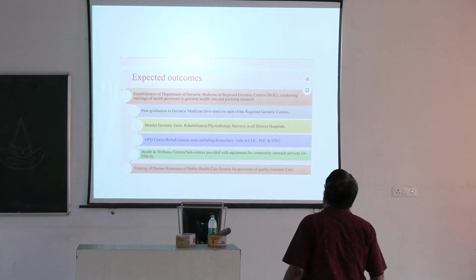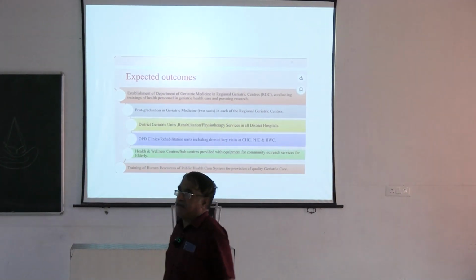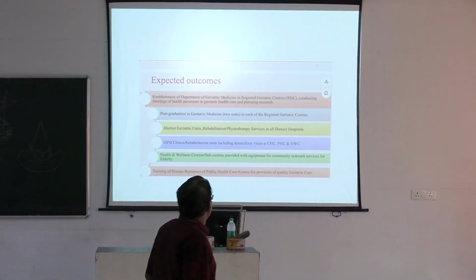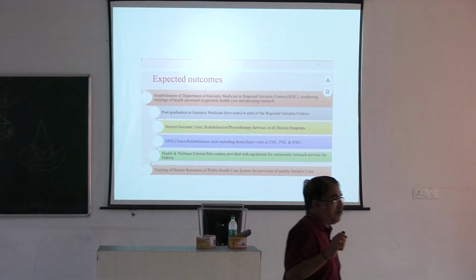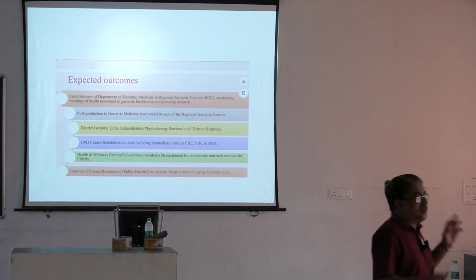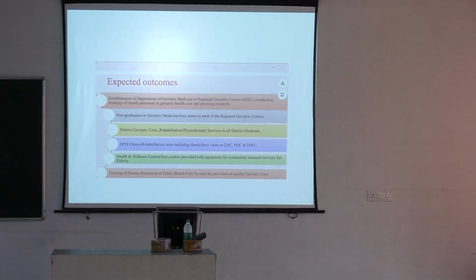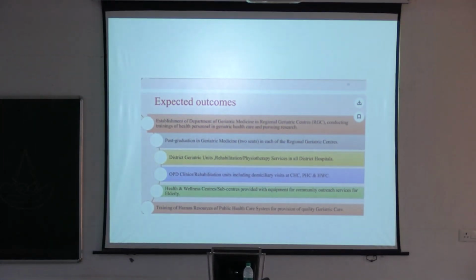Okay, so expected outcomes is establishment of geriatric centers in the Department of Geriatric Medicine. Now, geriatric medicine is different from other medicines, obviously, because the age group is different and their problems are different.